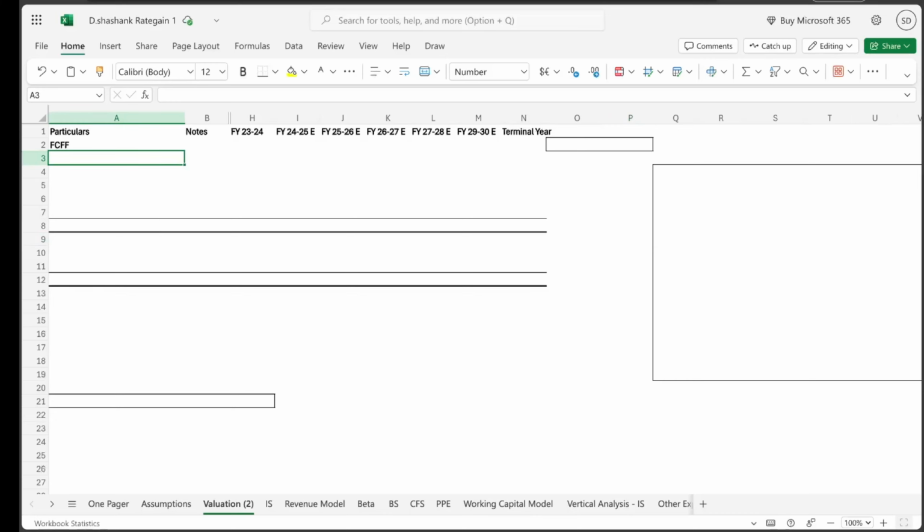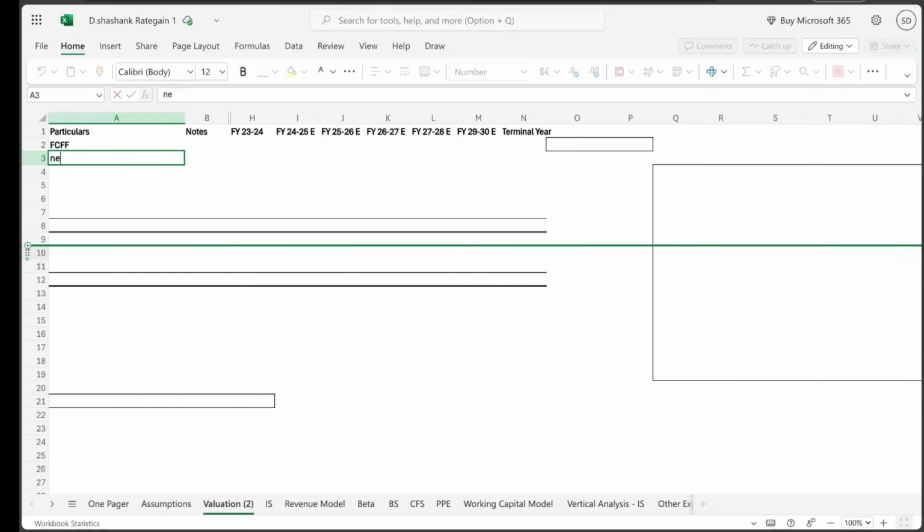So let's get free cash flows through FCFF, and through net income particularly. So it starts with net income. Then we have to add non-cash charges.